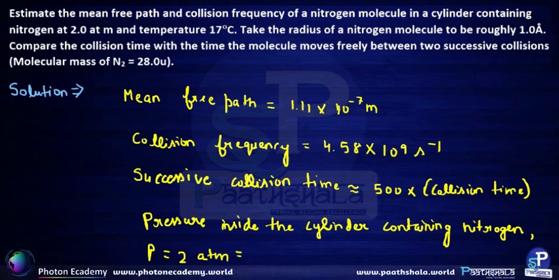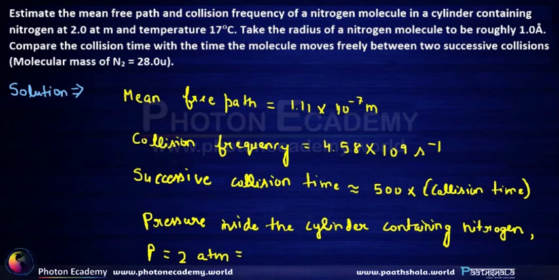So 2 atm is equal to 2.026 into 10 raised to the power 5 pascals. 1 pascal is equal to 1 newton per meter square.